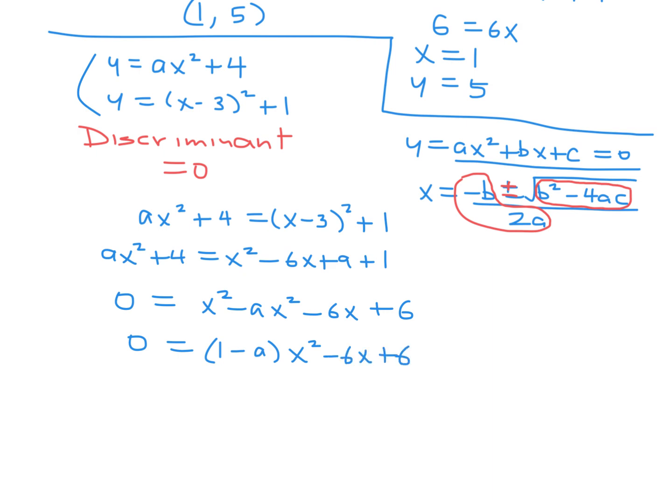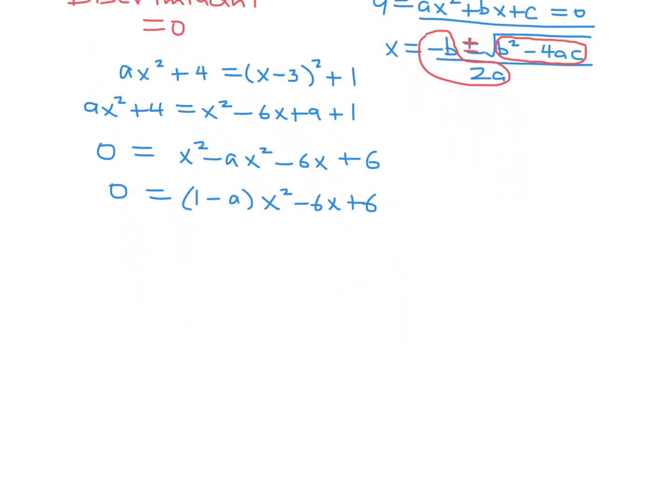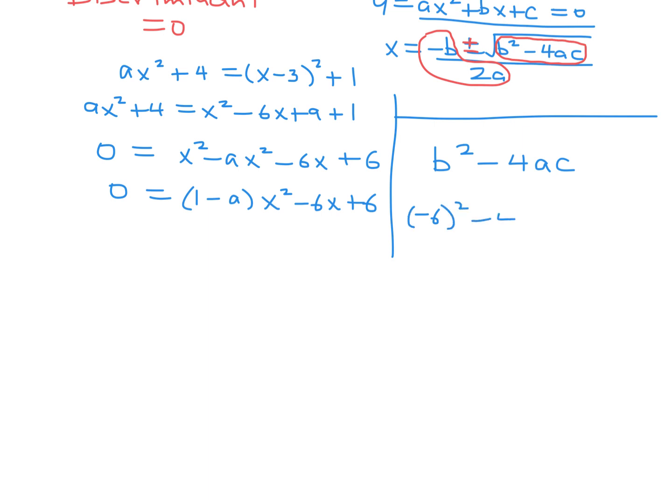Okay, now we can use our quadratic. So my quadratic gives me a discriminant. Our discriminant is always b squared minus 4ac, right? So in this case, that would give me (minus 6) squared minus 4 times (1 minus a), and c in this case is 6, right? And then this has to be equal to 0 in order for us to have only one root, as explained earlier.